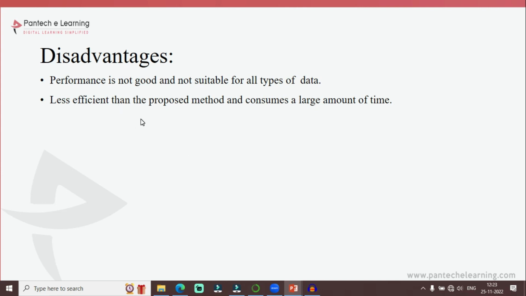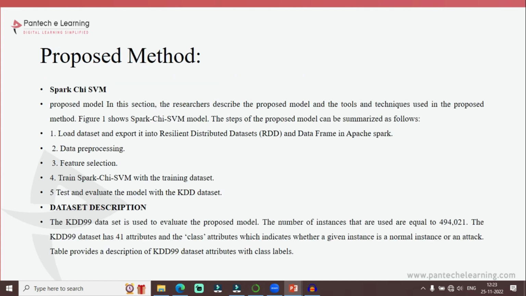And it is less efficient than the proposed method. So in order to overcome the disadvantage of my existing system, I am going for the proposed method.